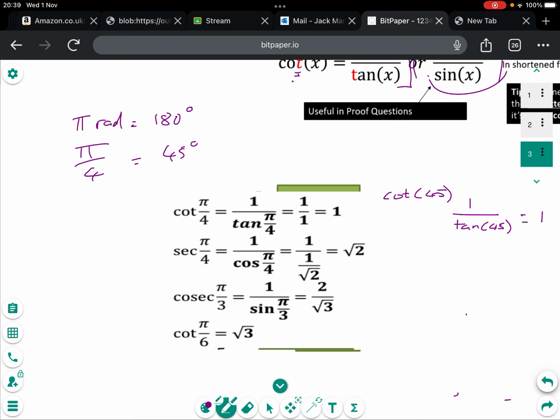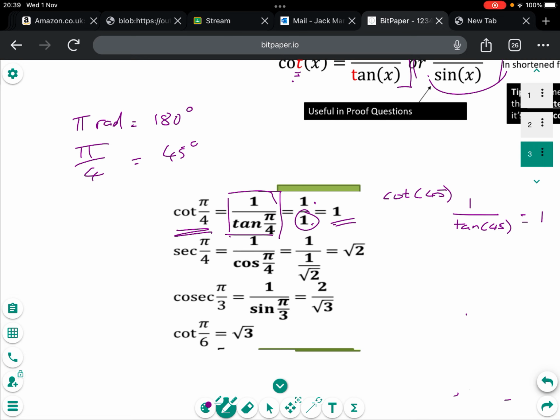So if somebody asks you to find cot of pi over 4, the idea is that first you're going to express it in terms of the trig functions we're more familiar with. So cot, remember, is 1 over tan. So I'm going to work out tan of 45 degrees, tan of pi over 4, which is 1. And then I just do 1 over that, and I get my final answer of 1.